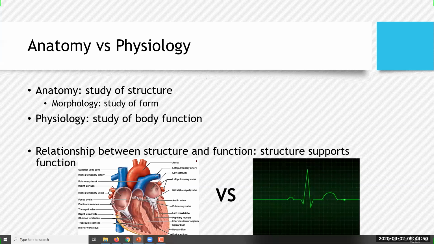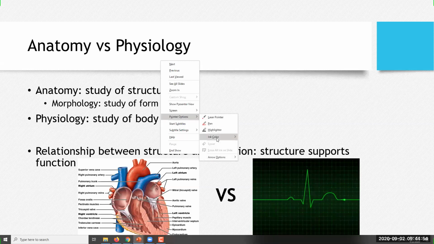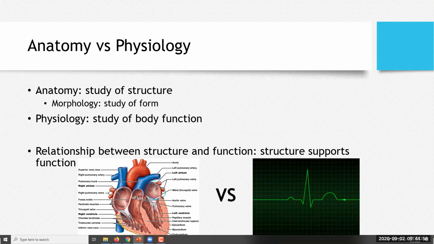It has these chambers, as you can see here, and the chambers are there so that it can hold blood and then pump it out. So it has this form of having these chambers to cause the function to pump this blood out, basically. Okay, so form always has a function to it. So there's this relationship that we'll be going over and over again, that anatomy and its physiology are related to each other.